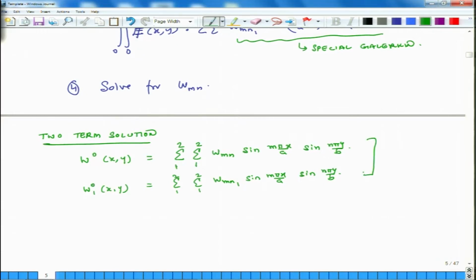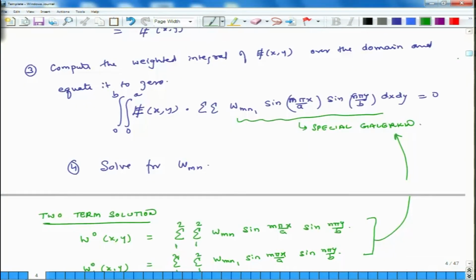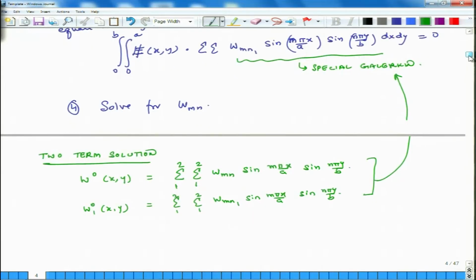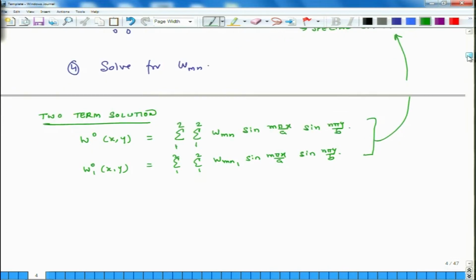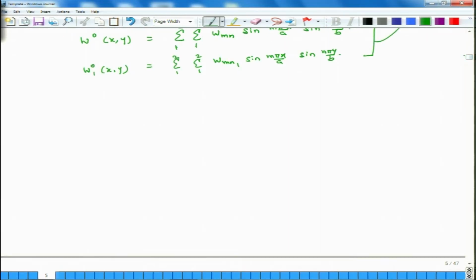Now, if I plug this back into the equation which I had developed earlier, I will still get a very long equation, and the overall equation will look something like this: integral 0 to a, 0 to b.